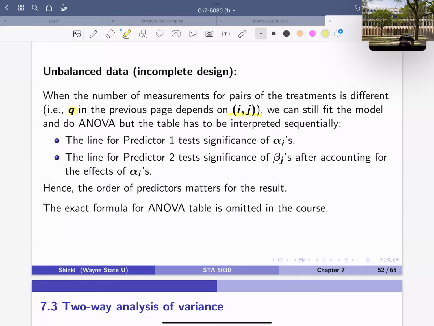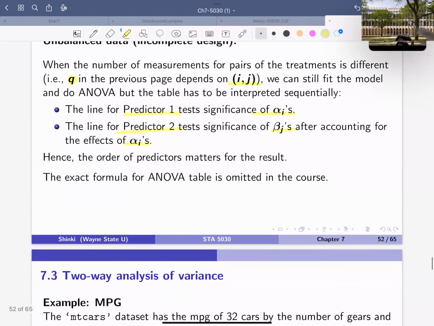So the line for the first predictor tests the significance of the alpha i's, but the line for the second predictor tests the significance of this second factor after accounting for the first factor. So sometimes if location is adjusted, the fertilizer doesn't make any difference.